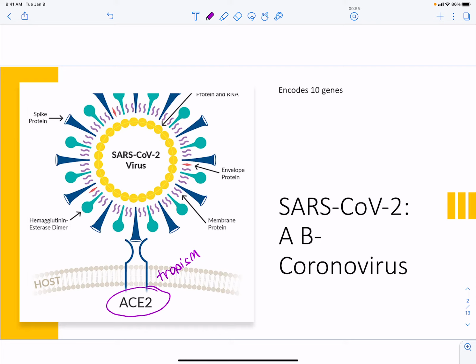It's considered a beta coronavirus, and like all coronaviruses, it has an envelope protein. It also has that famous spike, of course. It has a hemagglutinin, which is found on other viruses like parainfluenza virus and influenza virus. It is an RNA virus, and it will enter the cell and will cause infections.